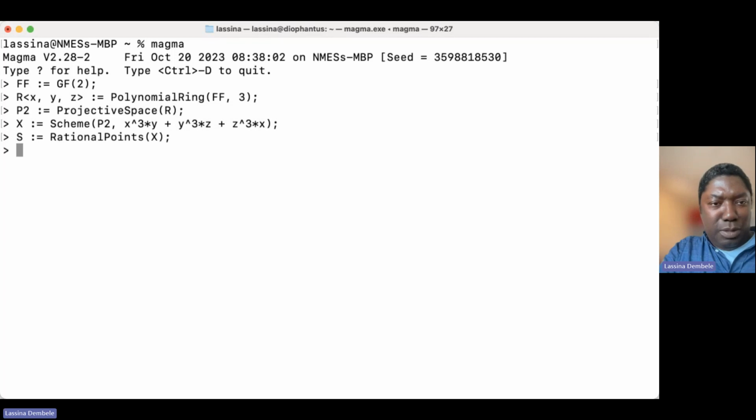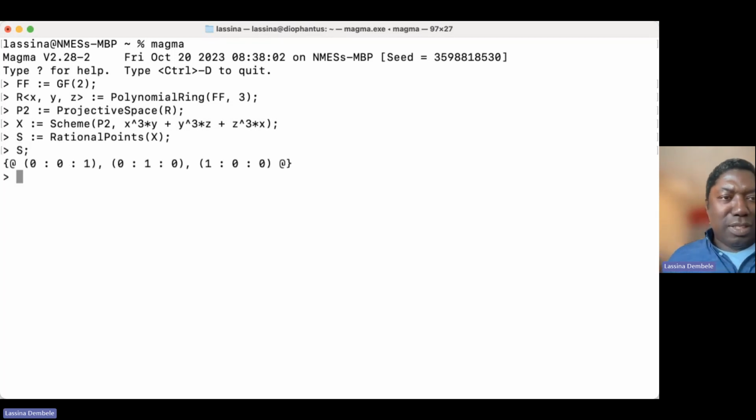It seems like they're already computed. So you see, this is the list of points, and you can see that there are only 3 such points.